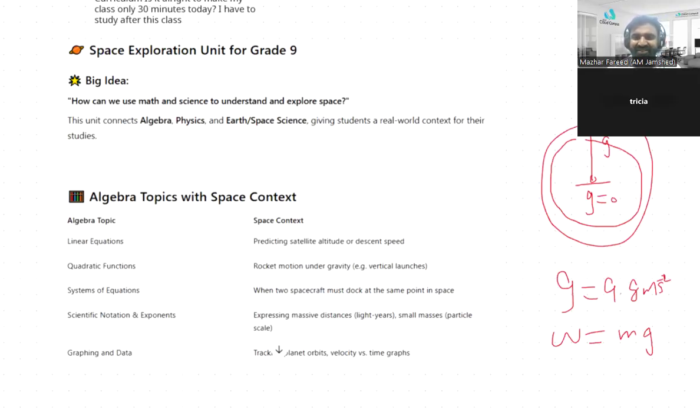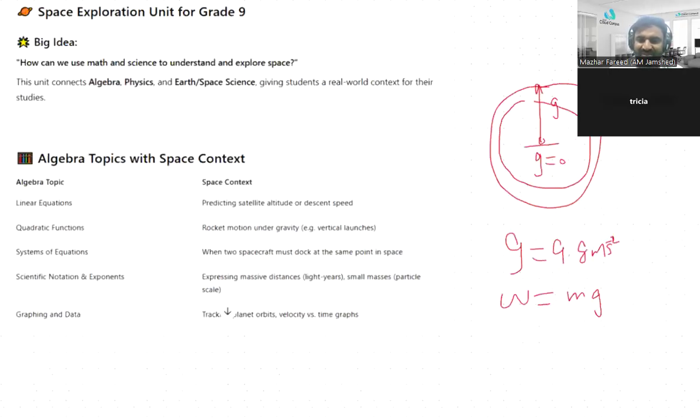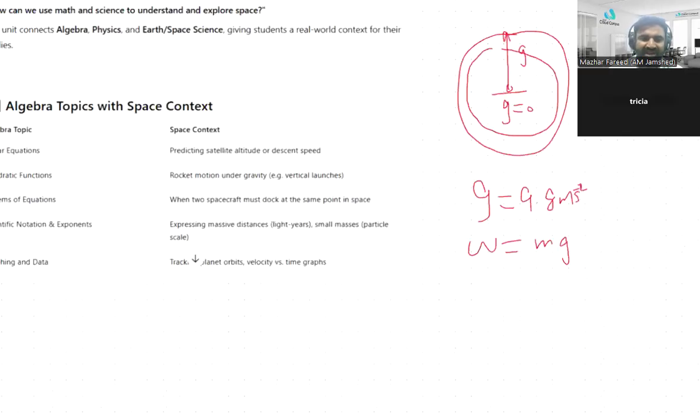With the help of g, we can indicate the quadratic function, how it changes from the original position to the final position. This also helps to find the speed. Speed is the distance over time.